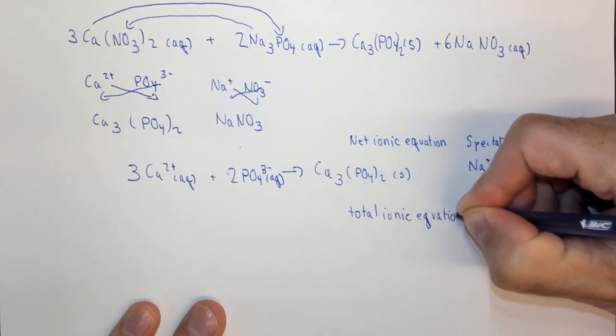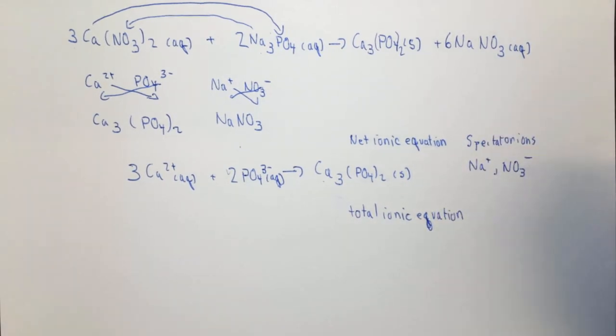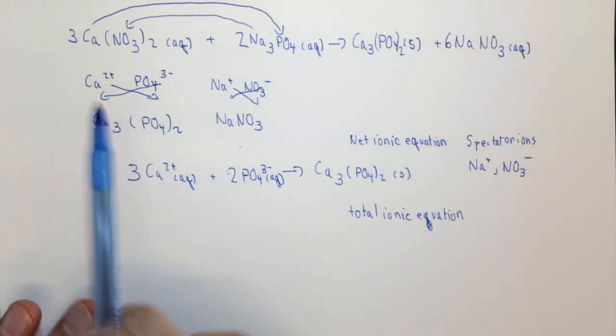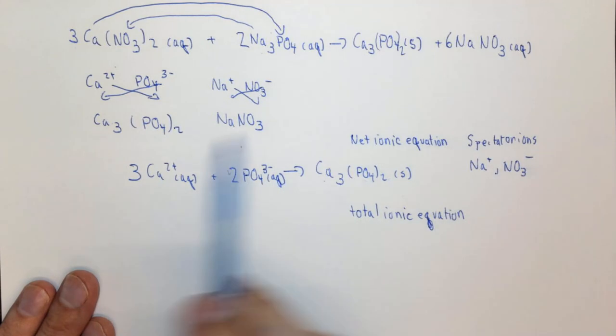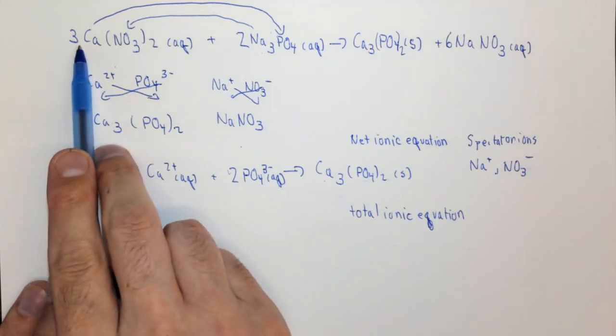The total ionic equation involves breaking these into their ions, so you need to keep the stoichiometric coefficients.